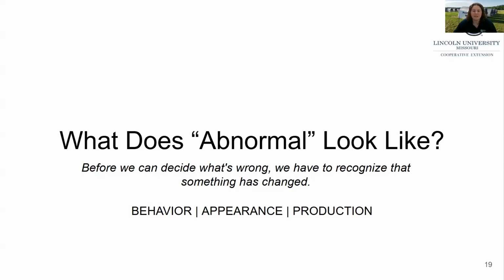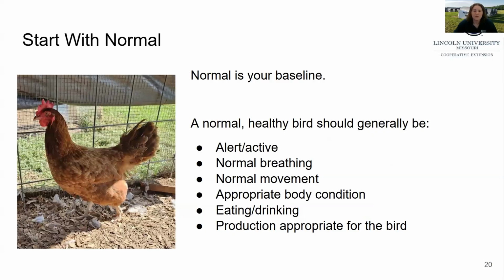And that brings us back to something that we talked about earlier. Start with the observation before you start with the explanation. The challenge, again, is that we can't always recognize abnormal if we're not familiar with these species already. So we also have to have some idea of what normal looks like. So I think of normal as baseline behavior and appearance.